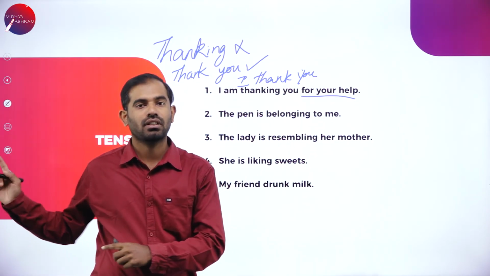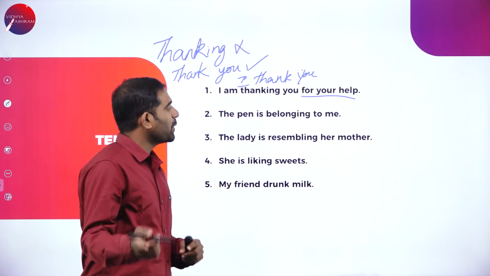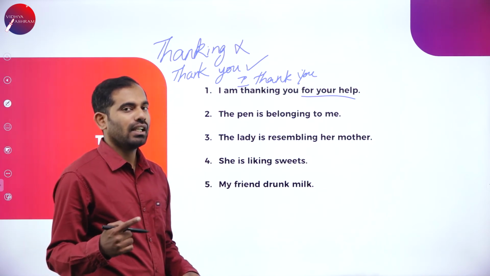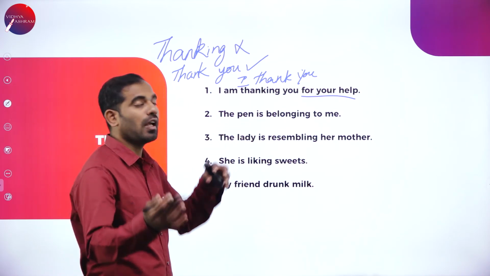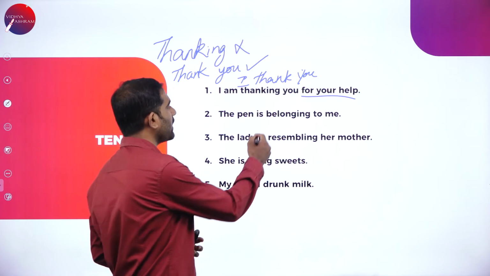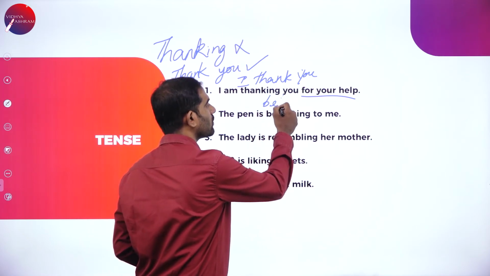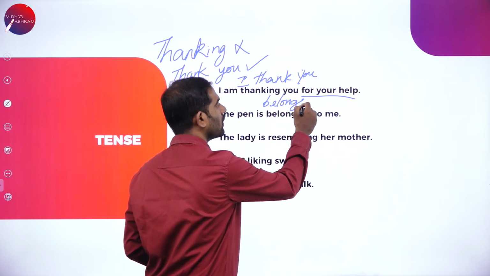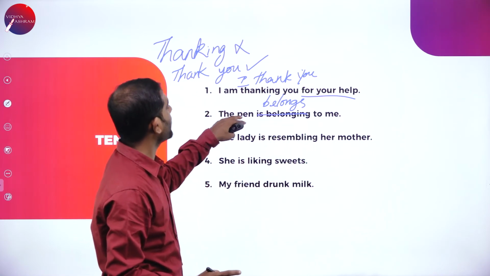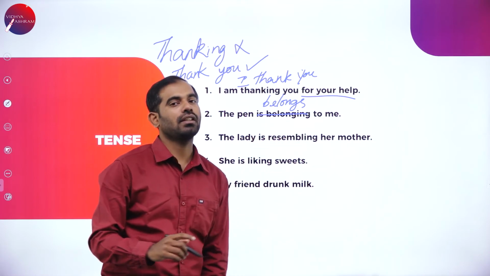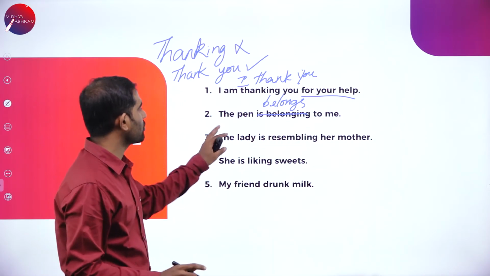The tenses. The pen is belonging to me. It is belonging to me. It doesn't make any sense. The pen belongs to me. The pen belongs. It is not the pen is belonging. The wrong usage. The pen belongs to me is the perfect sentence.